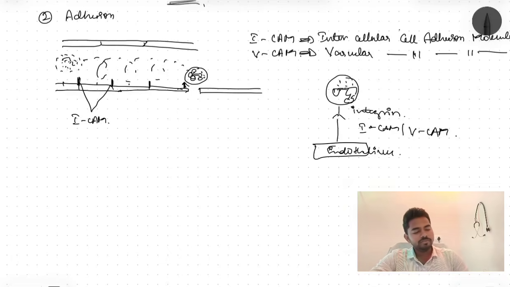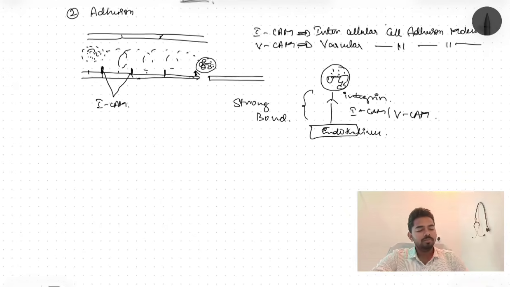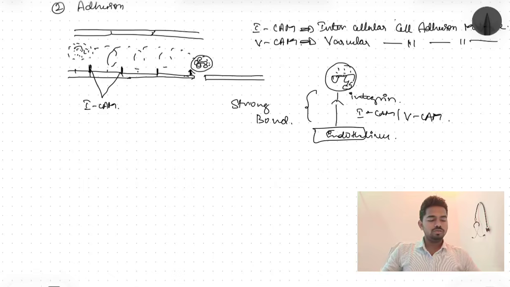But this time, this is a strong bond. Previously, it was a weak bond, and the blood flow could easily push the neutrophil. But now it is a strong bond, so blood flow cannot push the neutrophil forward.